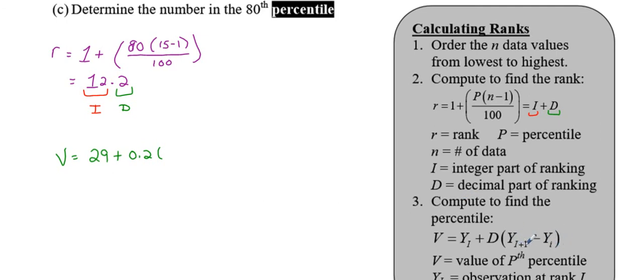So I plus 1, we found out that I was 12, so y of I plus 1 is the 13th piece of data, and y of I was that 12th piece of data. So what we're going to do is take the 13th piece of data and subtract the 12th piece of data.